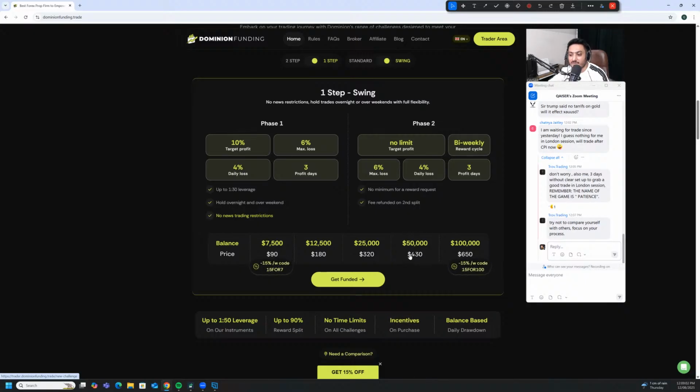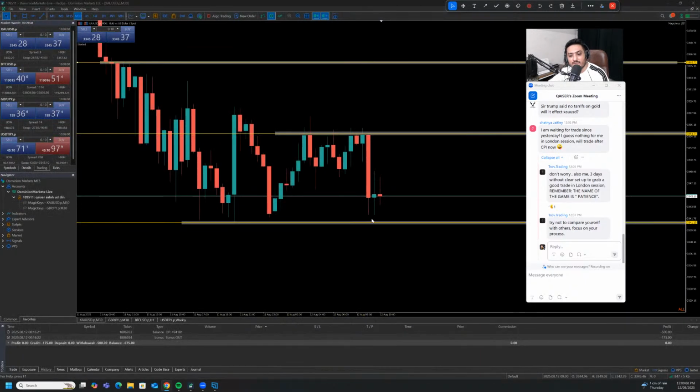Even if I lose this one, I'm not losing anything from my pocket. Make sense? So yeah, go with the live account. Put $1,000 into it, try to flip it to 1500 or 1600, withdraw that money and then buy any funded account. This is something you can do in your trading journey to increase your capital.